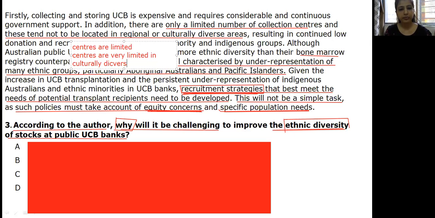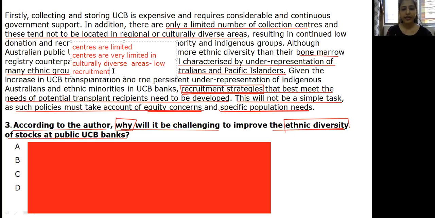So what would happen because of this is, you have low recruitment or low diversity in terms of umbilical cord blood.